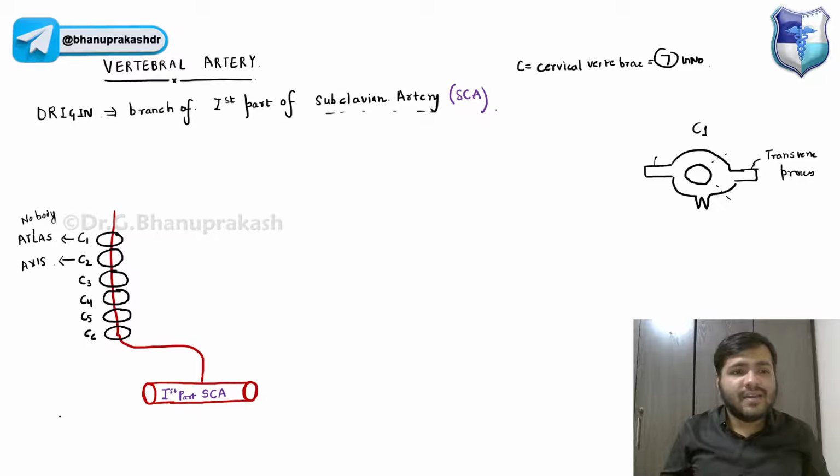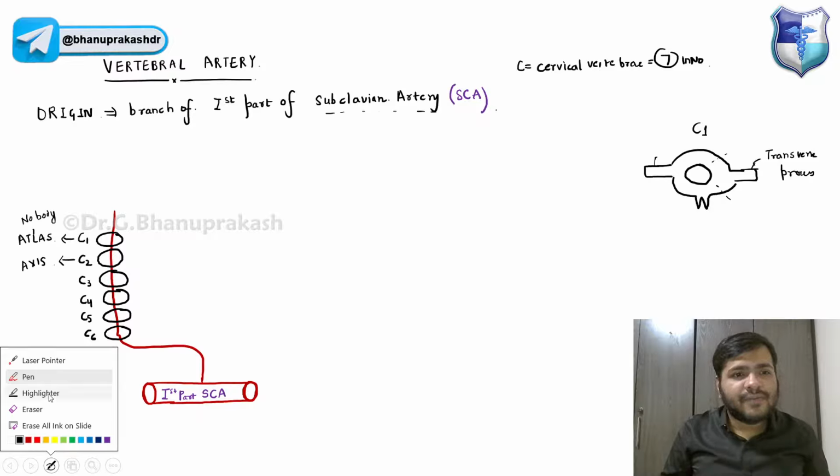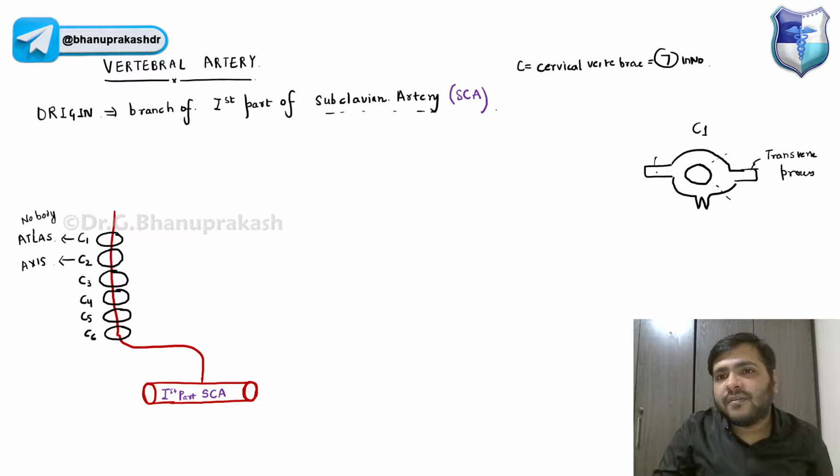Now guys, in the transverse process we have a foramen, an opening is there. And remember guys, this is called the transverse foramina, or I can simply say foramen transversalis.